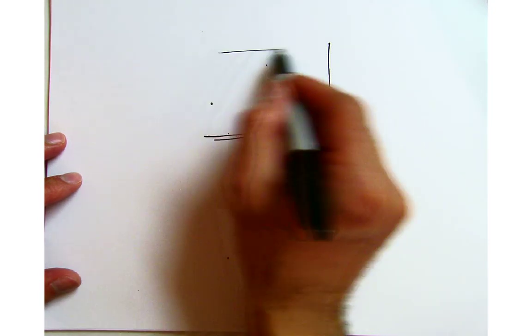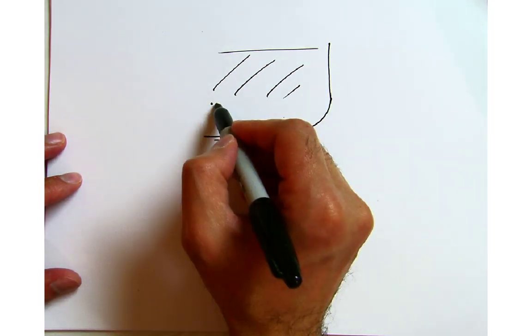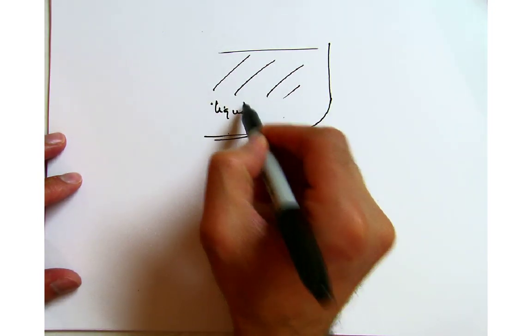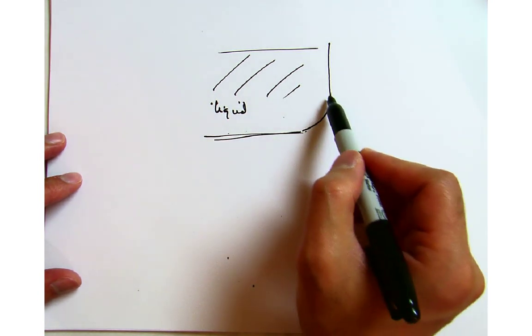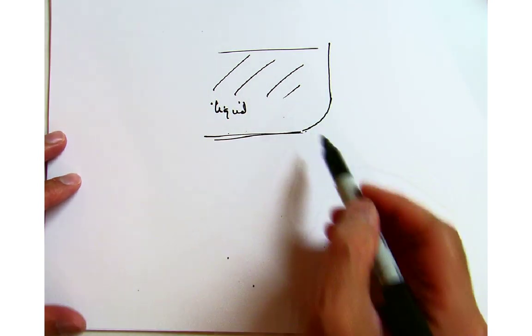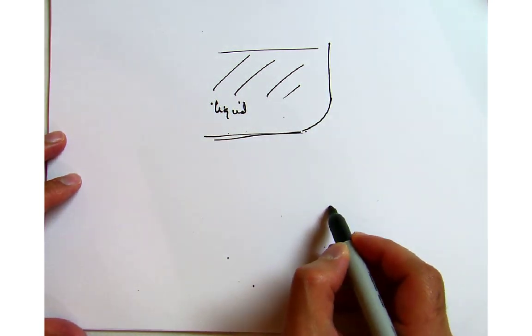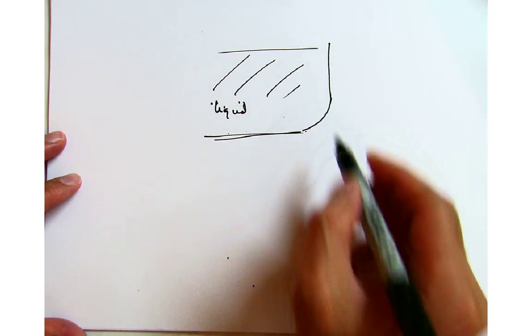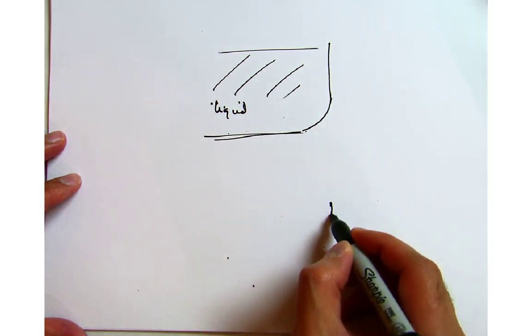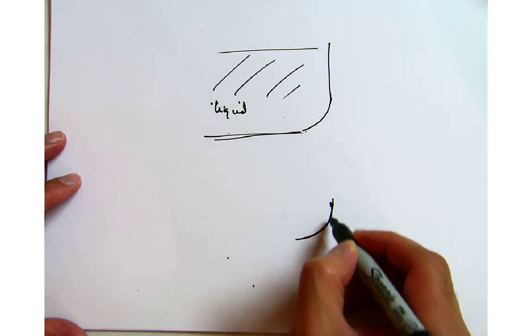This thing is completely filled with some liquid. What I'm going to do now is separate this curved surface out from here. If this is the curved surface, and I'm more concerned with the fluid in there, this will be the fluid.